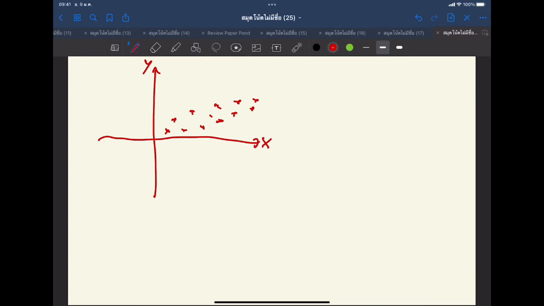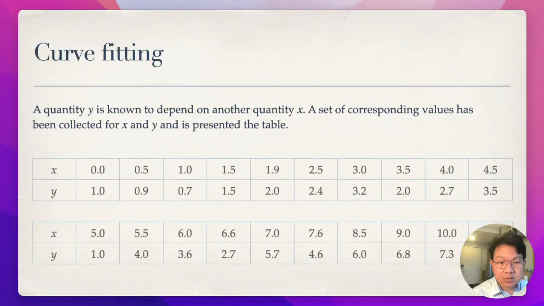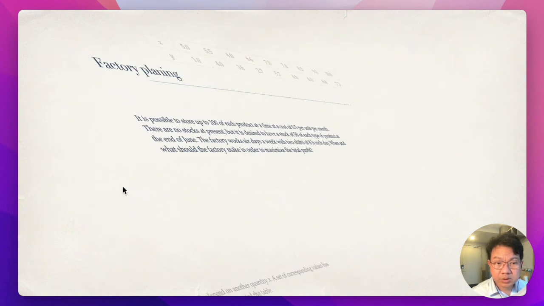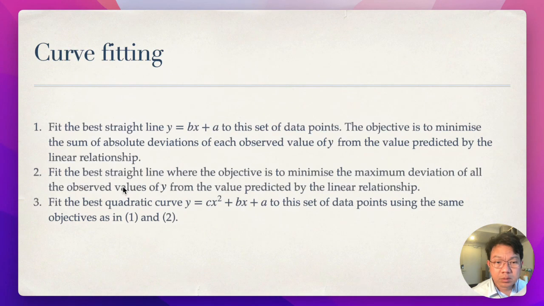So we want to find, it can be like this, y is ax plus b. We have two parameters, a and b. So for the first problem, we want to fit the best straight line y equals bx plus a to this data set.